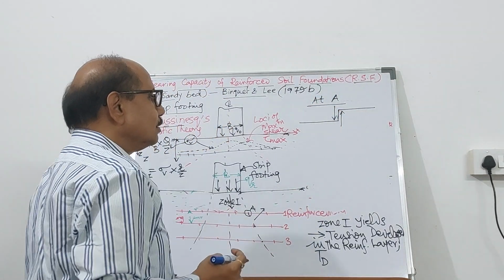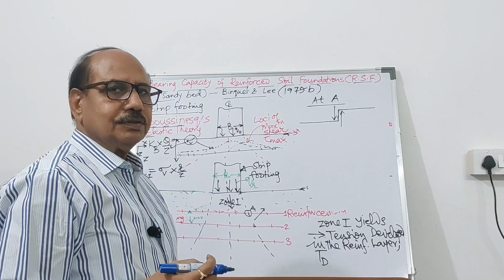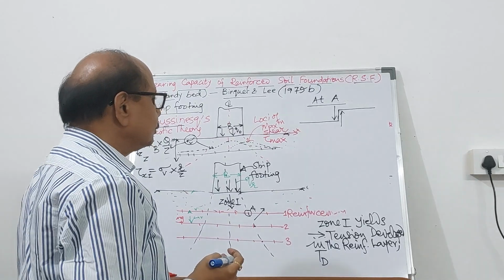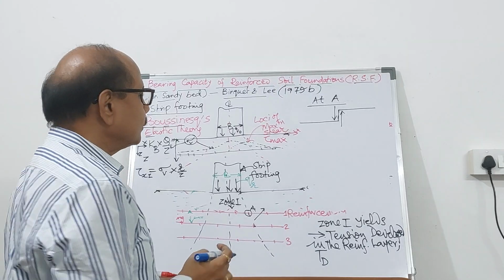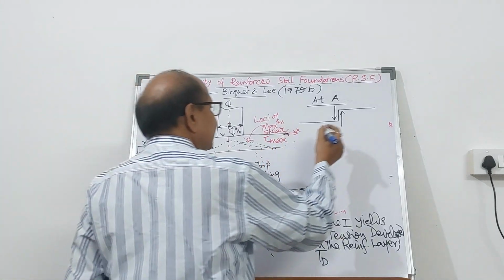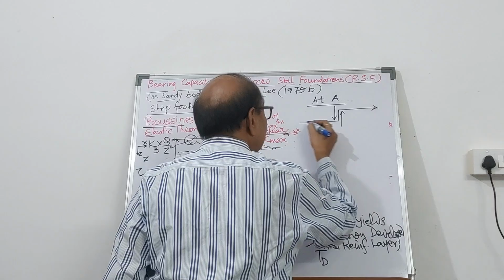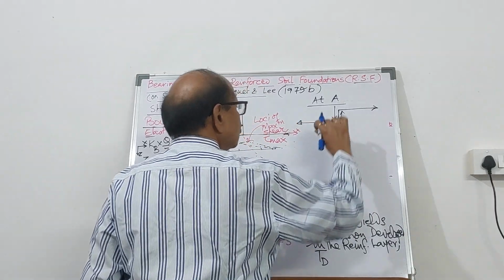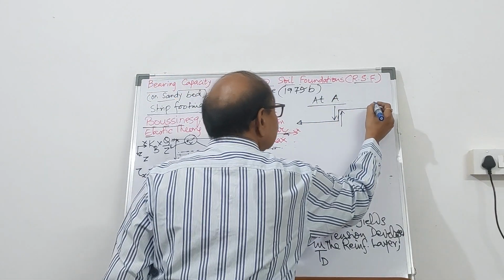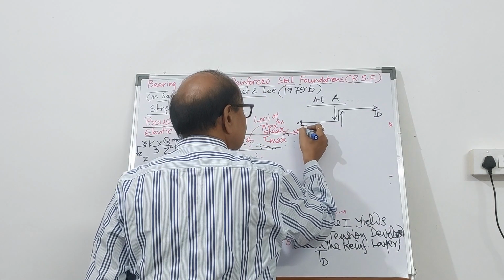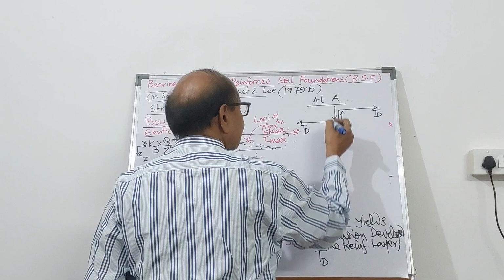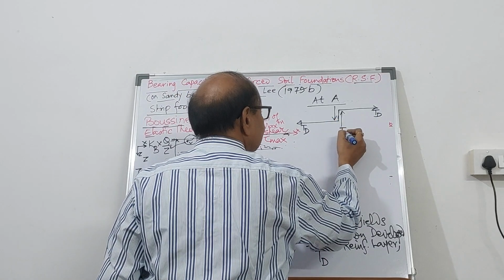Two equal forces of the same magnitude are going to have an anti-clockwise moment. To resist this, tension will get developed, which will have a clockwise moment. So TD, tension, is getting developed. So that is the situation at A.